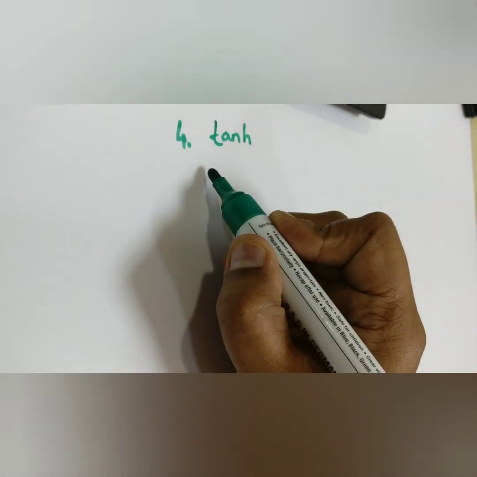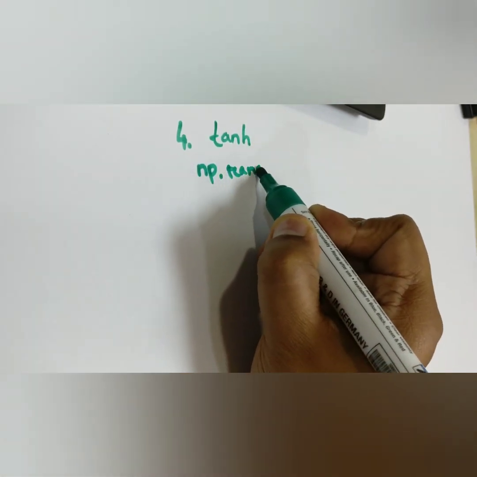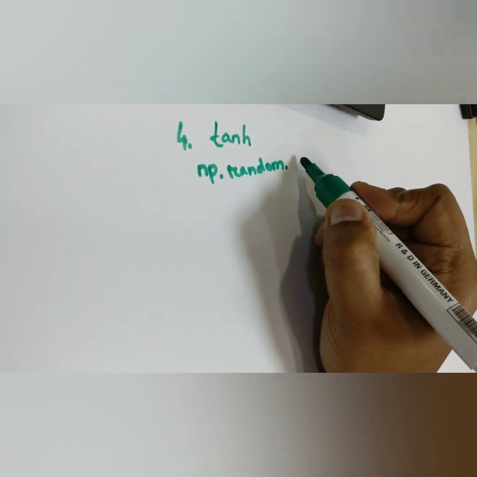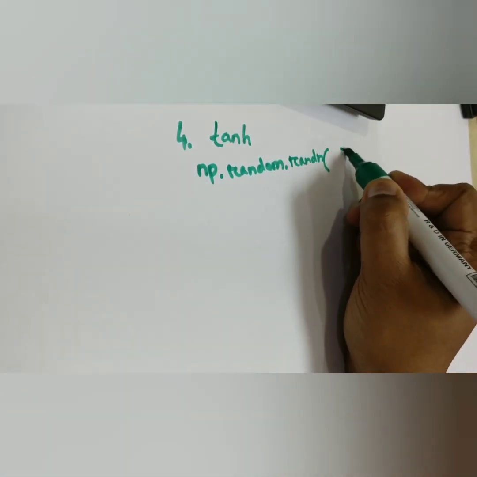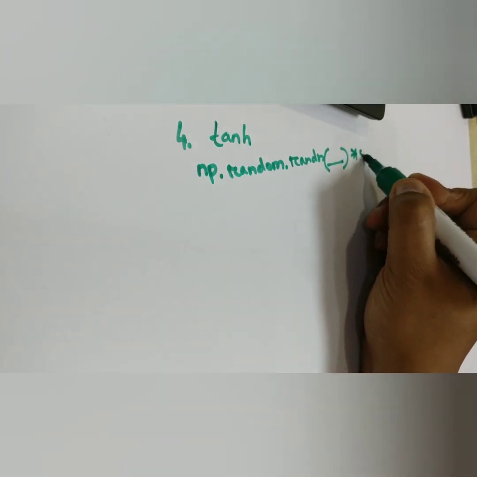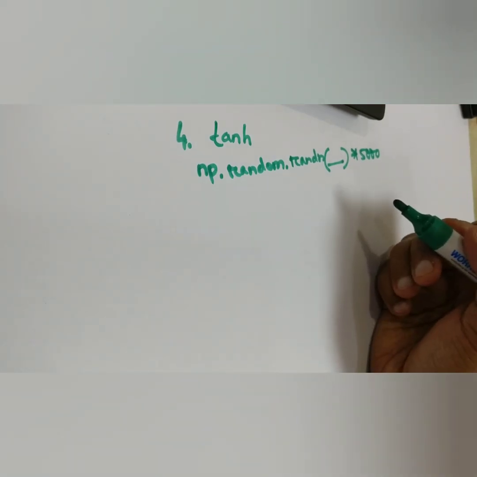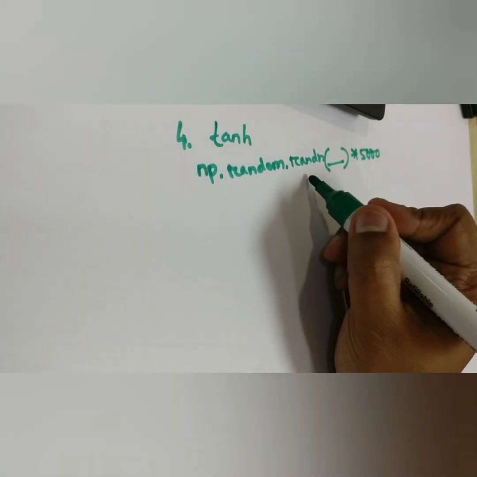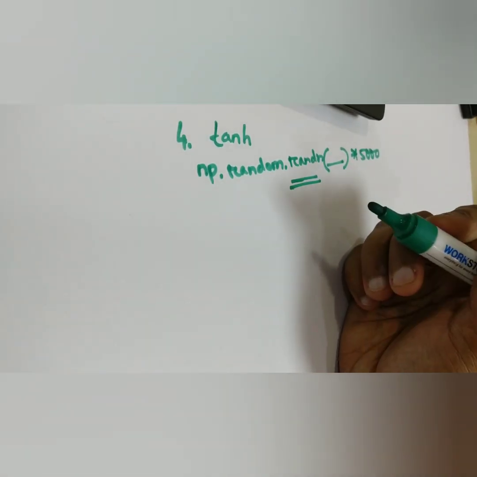For example, you are initializing using the NumPy function random.randn, with some shape of the matrix, times say 5000. So you are initializing with a very large value. In this case, what challenges are you going to face? That will be the question typically.